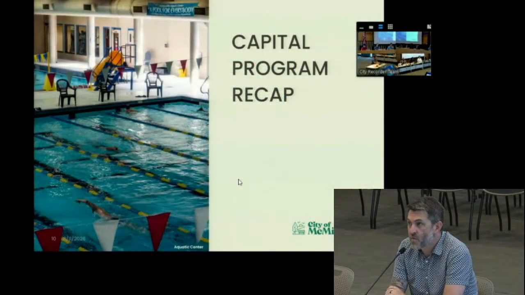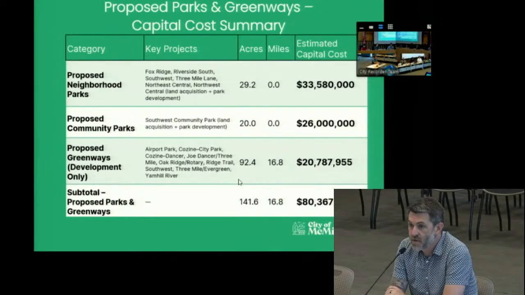Also, just a very quick recap of the capital program. The capital program that we're most interested in is the new parks. That's the largest chunk of SDC eligible projects. So there's quite a few in the PROS plan for about $80 million worth of the $98 million in SDC eligible projects. So when they're a brand new park, they're completely SDC eligible.